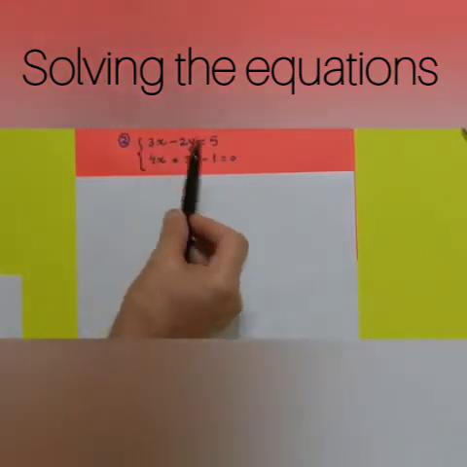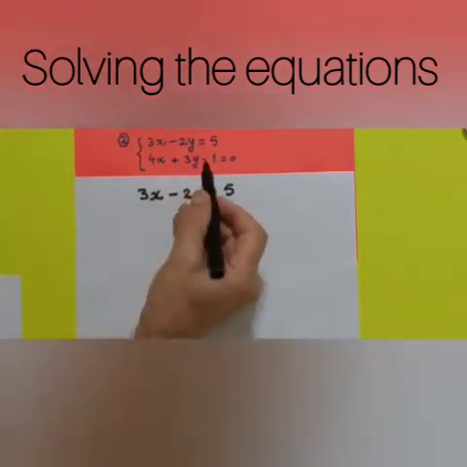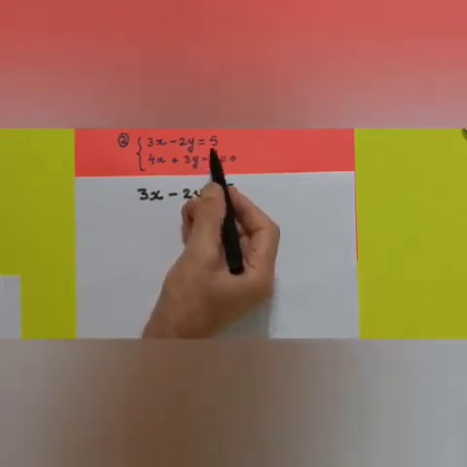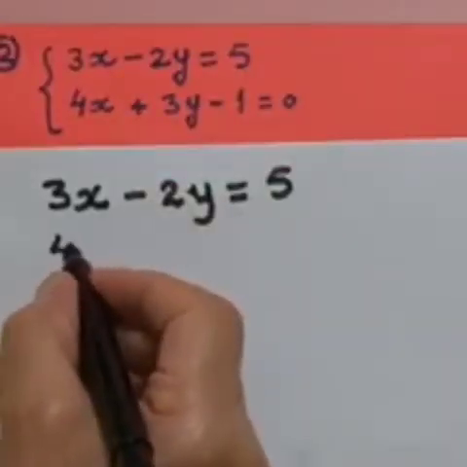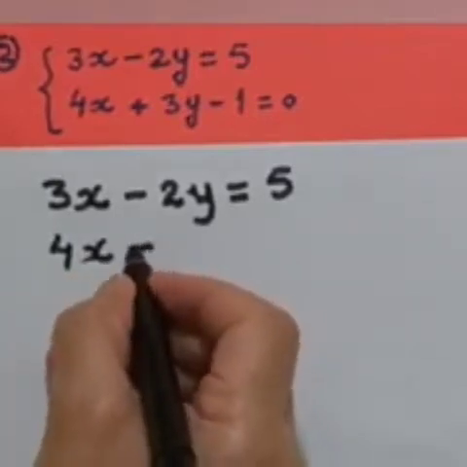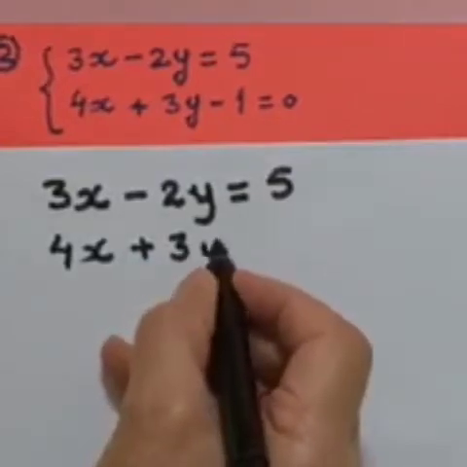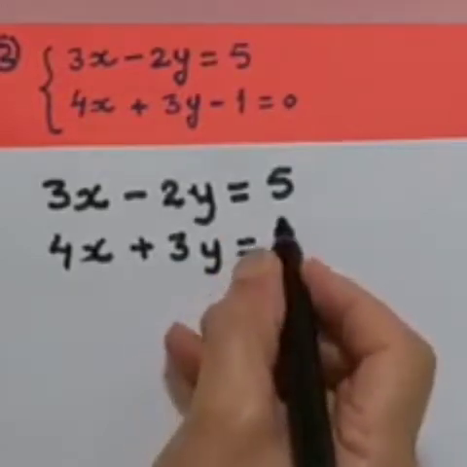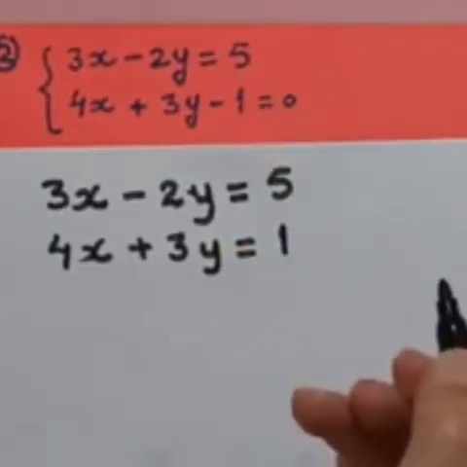First, we rewrite the equations. I will change its shape by moving this number -1 to the other side. So it will be written as 4x plus 3y, and by moving -1 to the other side, it will be +1 with +0, that means still 1.